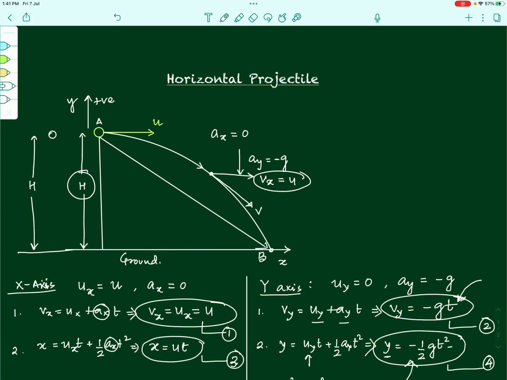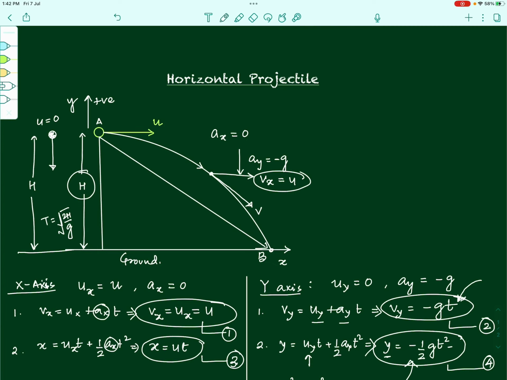If there is another particle over here which is dropped with an initial velocity 0 and simply allowed to fall down under the effect of Earth's gravity, it will take the same time t is equal to root of 2h by g. This we have calculated using the equations of motion when we were discussing the motion in a straight line, right. The same time comes there also for that particle.